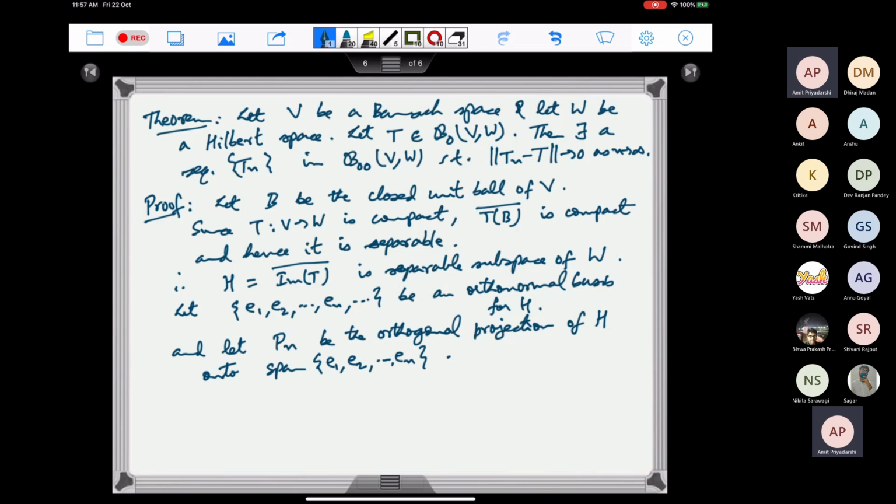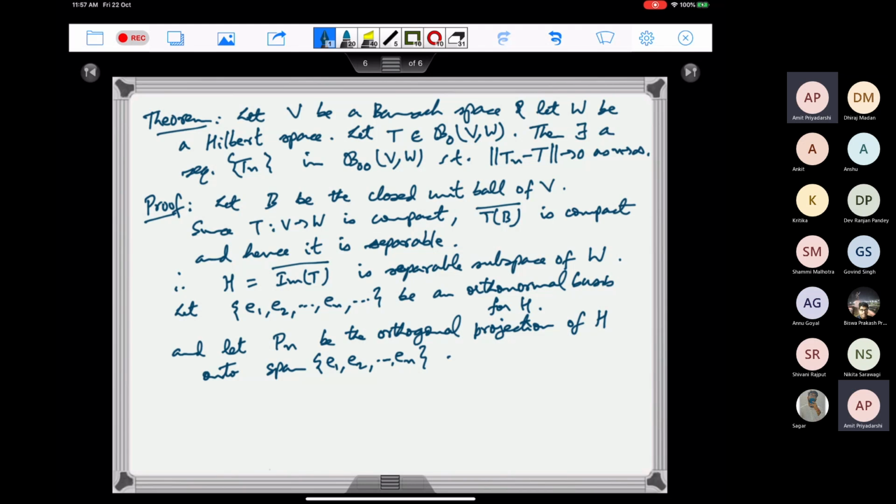So Pn is the orthogonal projection of this W to the span of this, right?